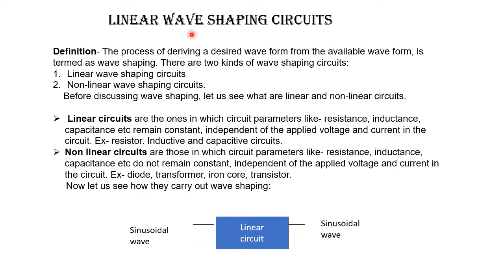Suppose we have a particular kind of wave. It may be a sinusoidal wave or a square wave or rectangular wave or a pulse, and we wish to change the shape of that particular wave. Then we can make use of some specific circuits.